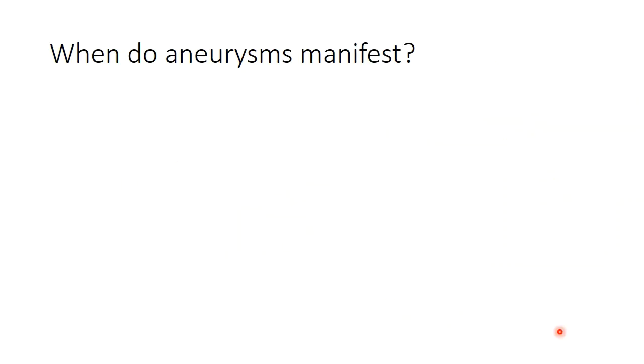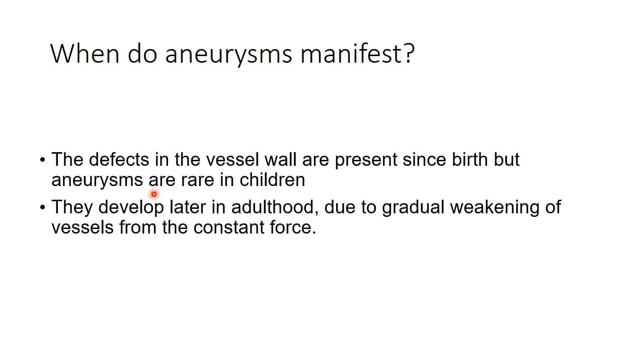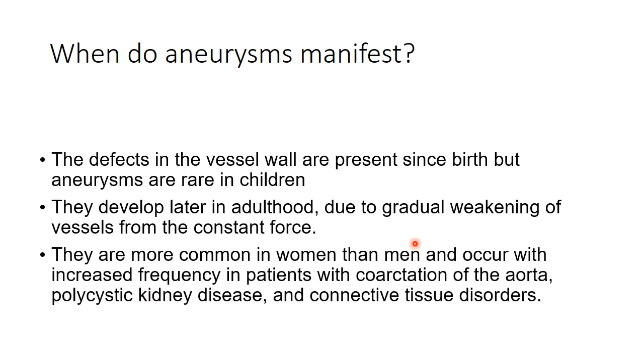Now, when do aneurysms manifest? It is to be noted that these defects are present since birth, but they are very rarely expressed in children. They develop later in adulthood, precisely when there is a gradual weakening of the vessel wall from a constant force.